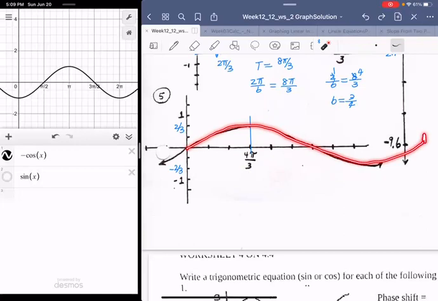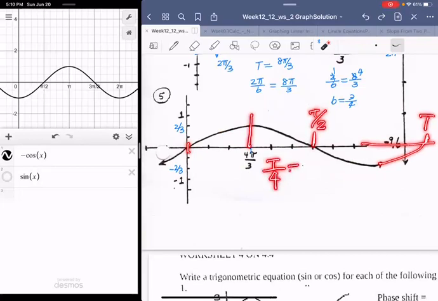From here to here, that is your T. This part is T over 2. This part is T over 4. So T over 4 equals 4 pi over 3. How much is the T? Oh, okay, so that means T equals 16 pi over 3.